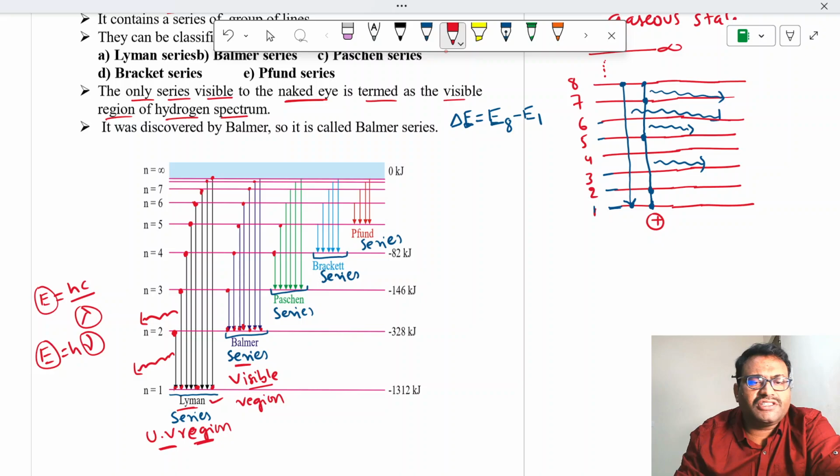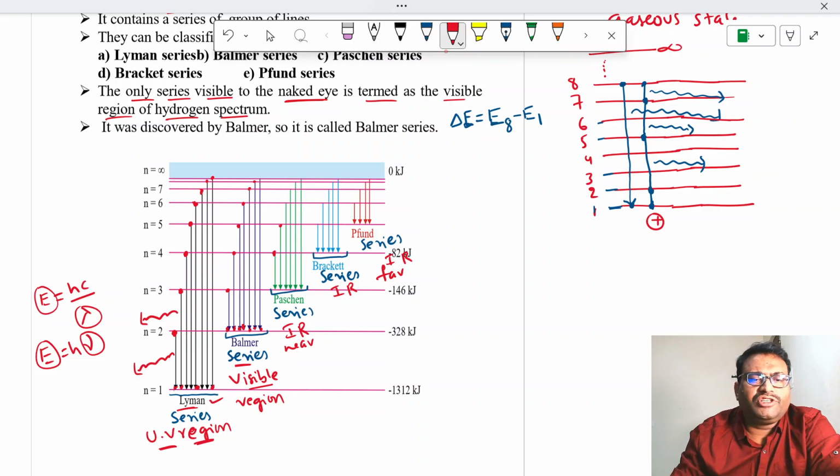But when the electron is de-excited directly to the third energy level, that series of spectral lines is called the Paschen series, and it lies in the near infrared region. These three series lie in the infrared region, where Paschen series is near infrared and Pfund series is far infrared, because the infrared region has a range of wavelengths or frequencies.